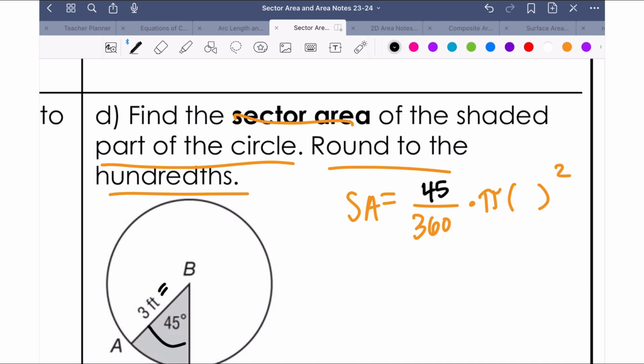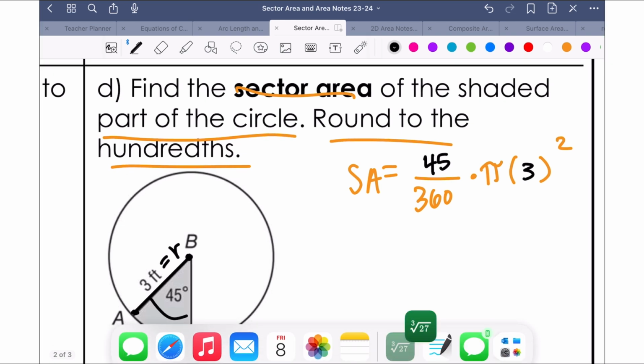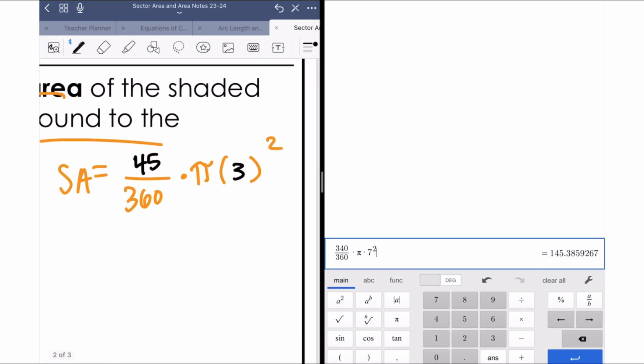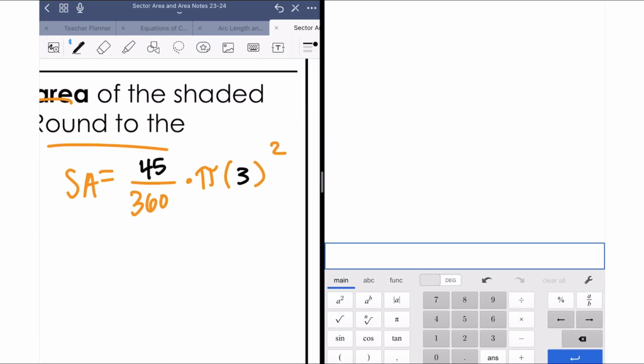And my radius is 3, from here to here. Good. Let's just plug it in and use Desmos. 45 out of the full 360 is the portion we're looking at, times pi r squared, which is 3 squared.